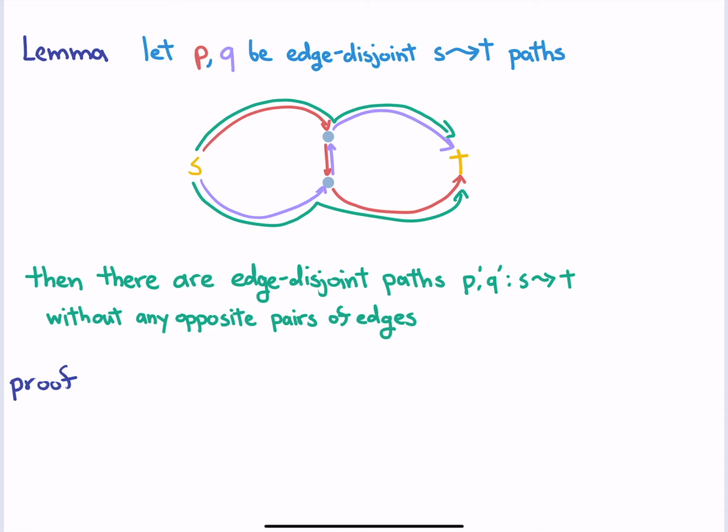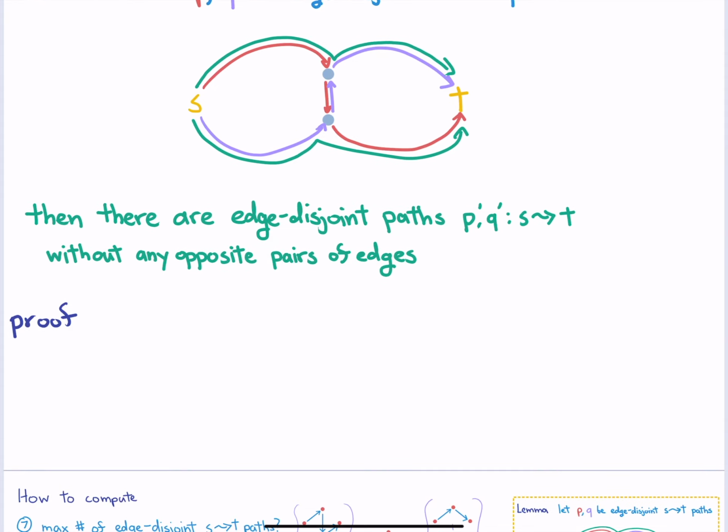I can cancel them all out. This is not so hard to prove. We can do it by induction on the number of these opposite pairs that the two paths have in common. In the base case, P and Q don't have any opposite pairs, and we're just done.